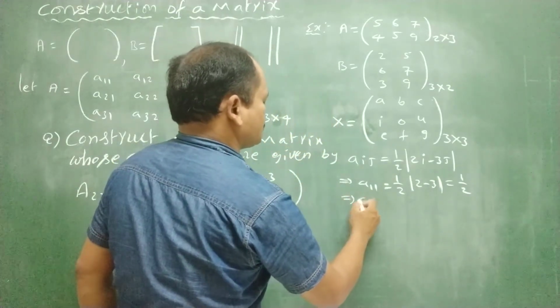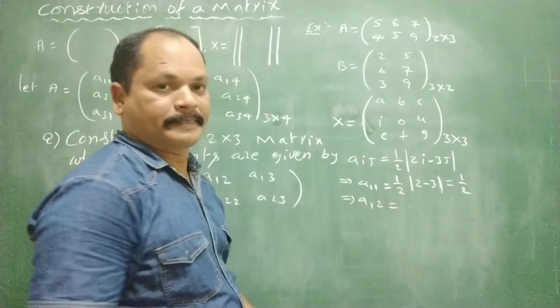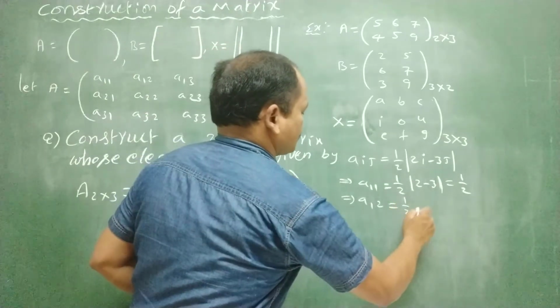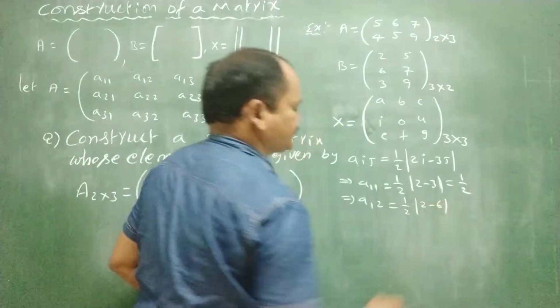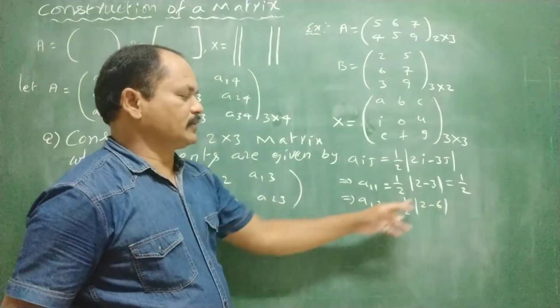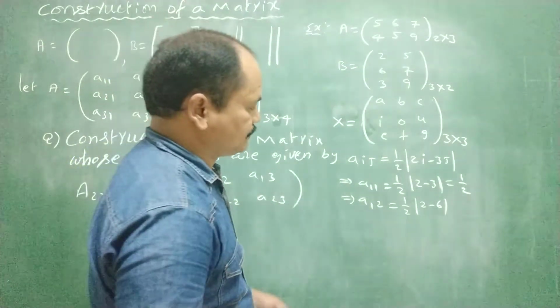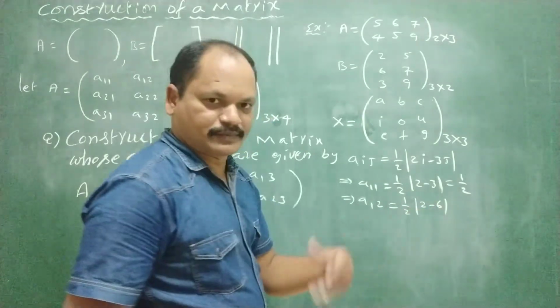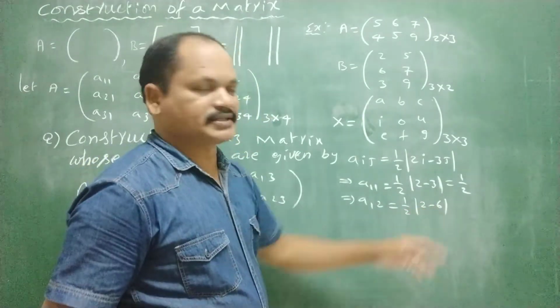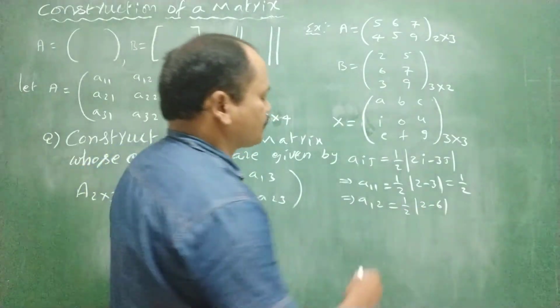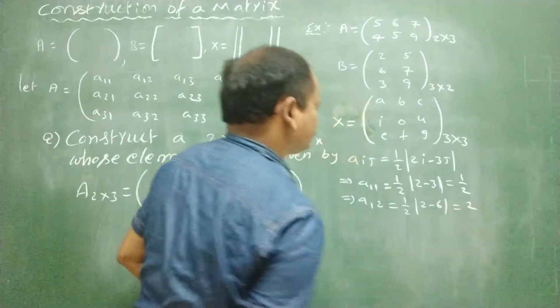And A12: 1/2 into |2 - 6|. 2 minus 6 is minus 4, mod minus 4 is 4. So 4 by 2 is 2.